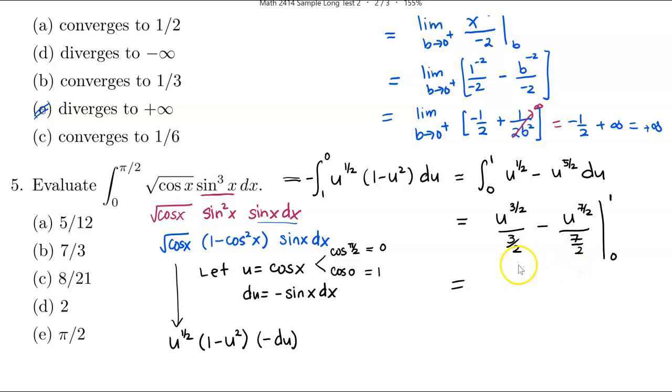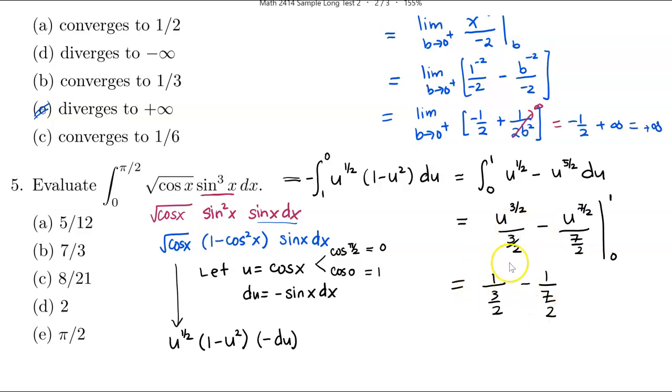So this becomes 2/3. Get the reciprocal of the denominator and proceed to multiplication. 2/3 times 1 to the 3/2 is just equal to 1. Or so you won't be confused, I'll just plug in 1. Let's see, 1 over 3/2 minus 1 over 7/2.